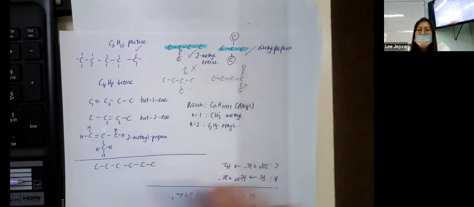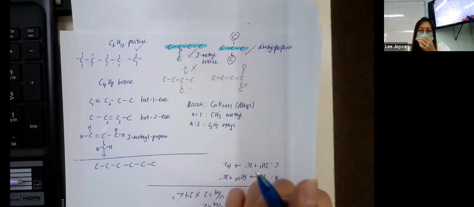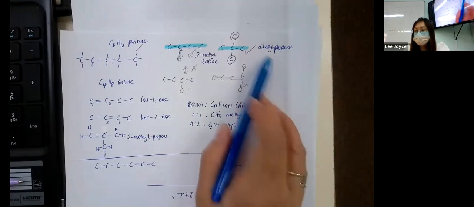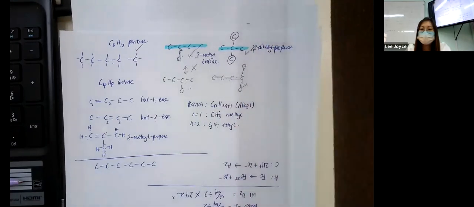And how do I position them? You can see both methyl groups are on the second carbon, so it's 2,2-dimethylpropane.